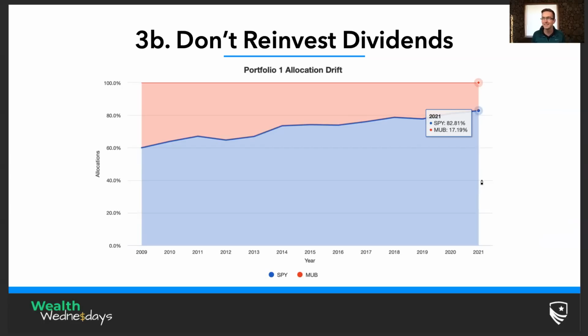So you don't want to reinvest dividends because, if we look at 2009 to 2021, let's say we started out in our taxable account with a 60-40 allocation into SPY, which is an S&P 500 ETF, and then MUB, which is a muni bond ETF. Over this little over 10-year period, this 60-40 allocation drifts to 82%, 17%. Now, ideally, this person probably wants to be rebalancing back to that initial allocation.